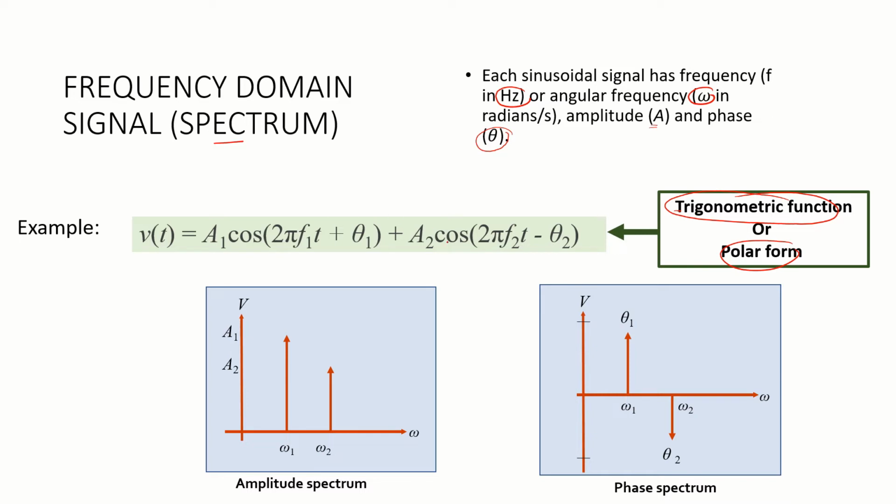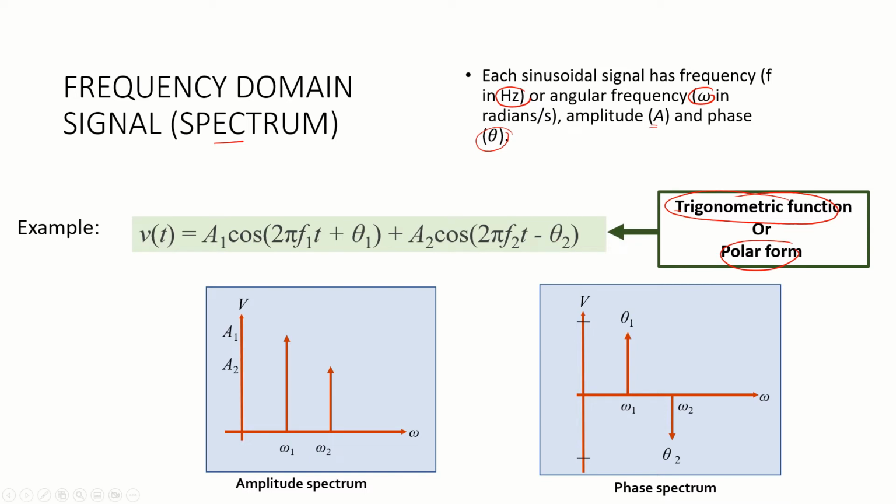This is how it is represented: you have, for example, A1 cos(2 pi f1 t plus theta 1) plus A2 cos(2 pi f2 t minus theta 2).